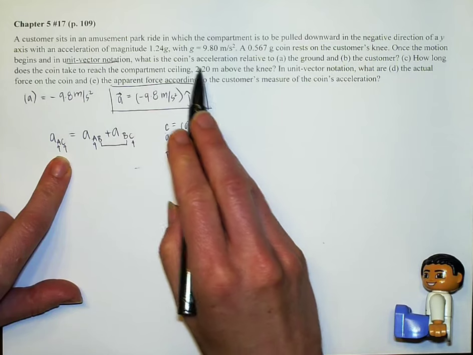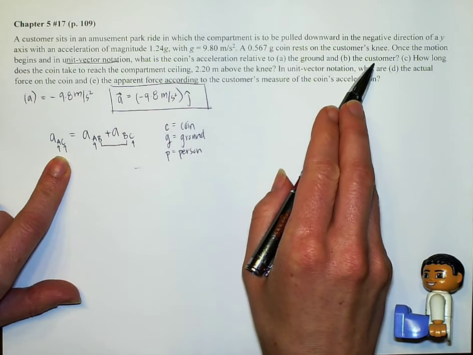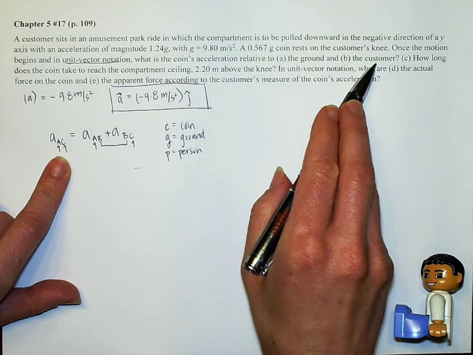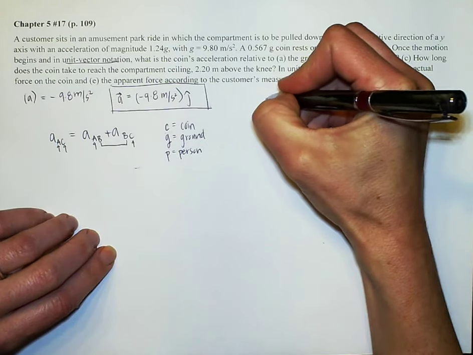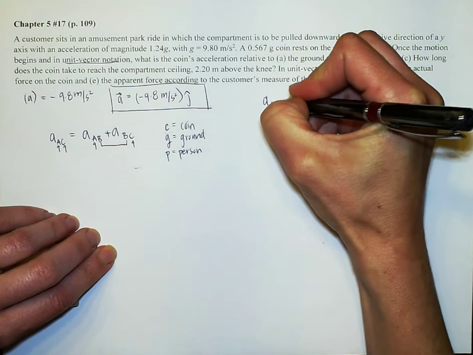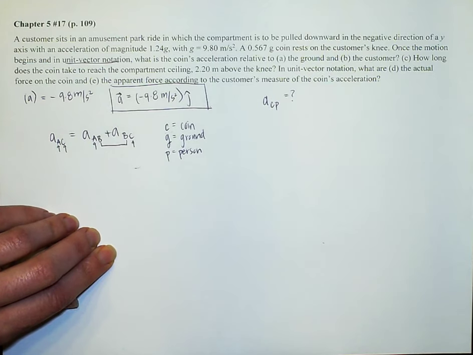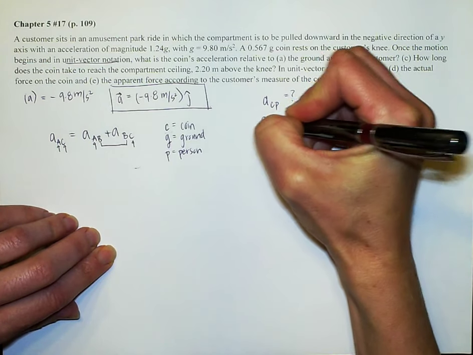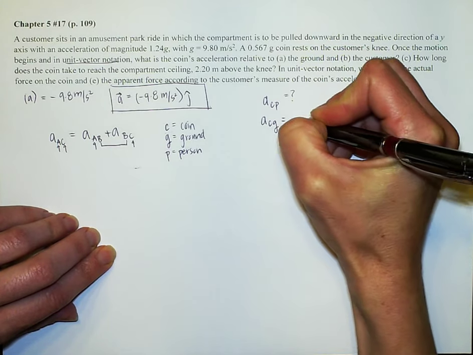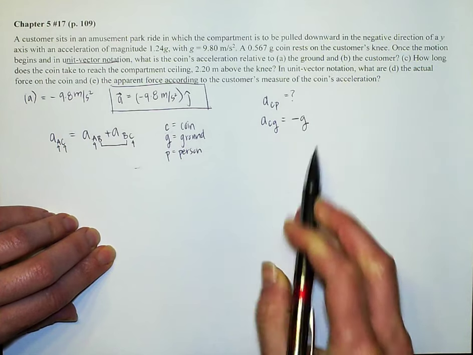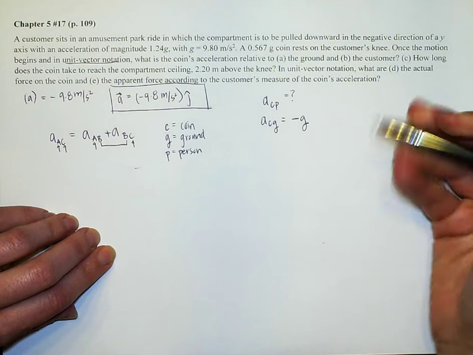And so what I want to solve for is the coin's acceleration relative to the customer. So the acceleration of the coin with respect to the person is what we want to solve for. We already know that the acceleration of the coin with respect to the ground is negative g, with g being a positive 9.8, and so I'll just put the negative indicating that we're going downward.